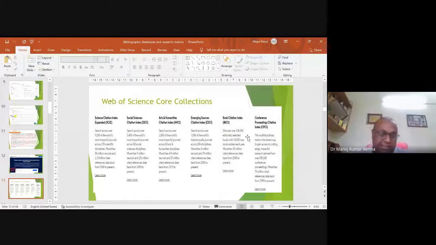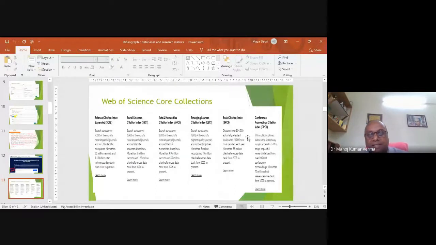One is the Science Citation Index Expanded. Okay, there is a huge amount of science related information there. Social Science Citation Index is related to social science; there are over 3,400 of the world's most impactful journals across 58 social science disciplines, more than 9 million records, and 122 million cited references from 1900 to present.